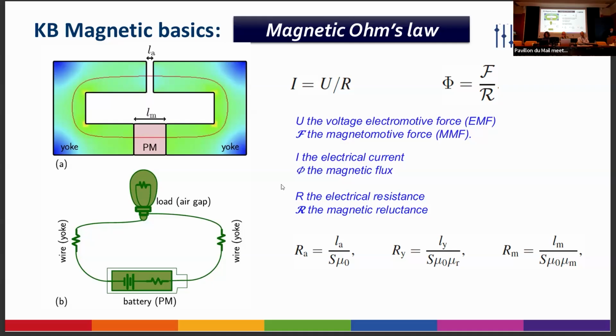Look at Ry, the yoke reluctance: because the mu is much higher, you have a really low reluctance for the yoke. This is the same as a wire having its electrical properties, right? But if you look at the battery, this permanent magnet, the reluctance is not that small. You have the LM, the same sectional area, and a mu0, which is comparable to the air gap. So that means this battery has a very large internal resistance. You have to remember that.